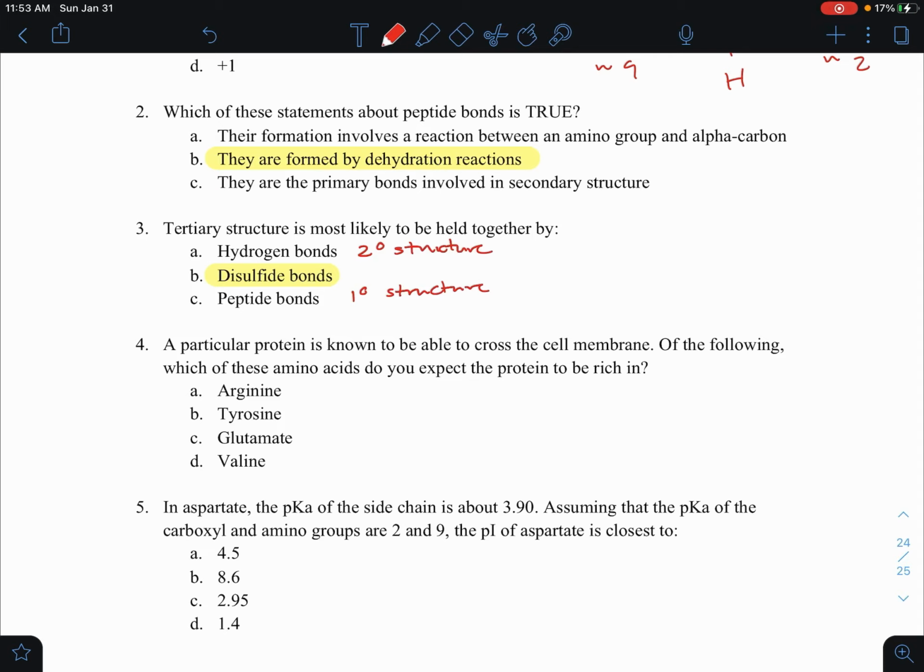And so what we know is that amino acids are put into a lot of different groups, one being nonpolar hydrophobic. So in this list of options, I think our most hydrophobic would be valine.